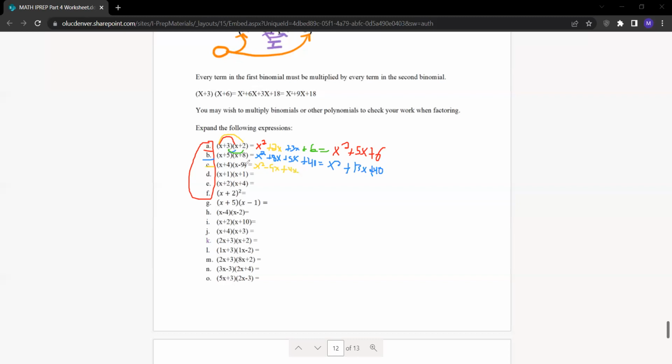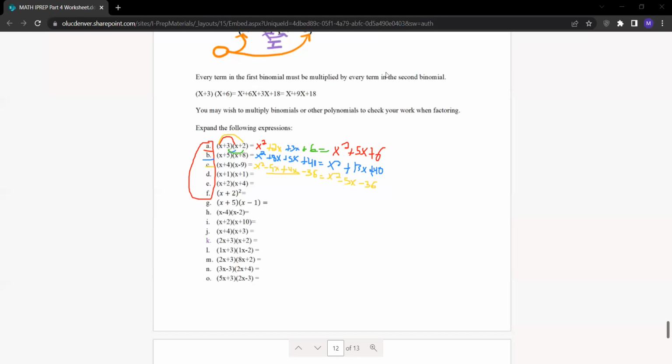Then we have plus 4 times minus 9 as our last, which is going to be minus 36. We can combine our like terms. So negative 9x and plus 4x combine to negative 5x. So we have x squared minus 5x minus 36.